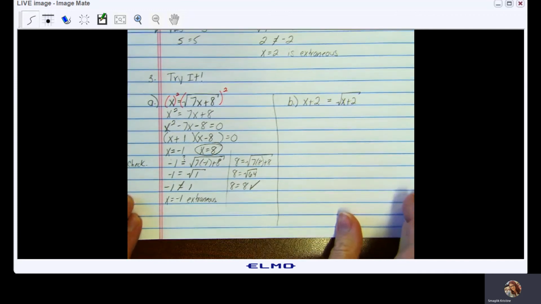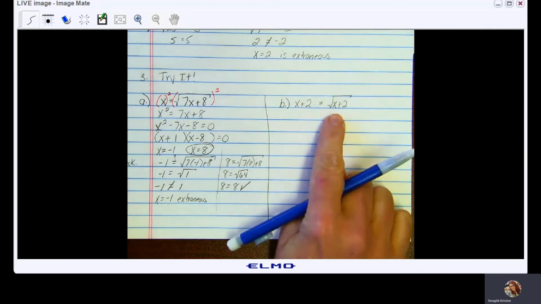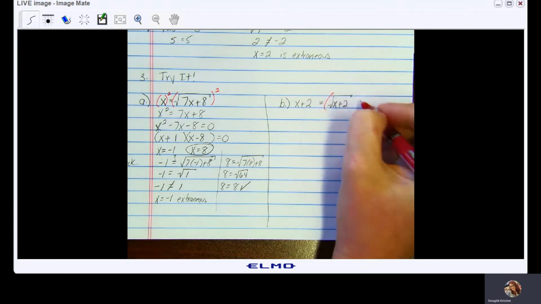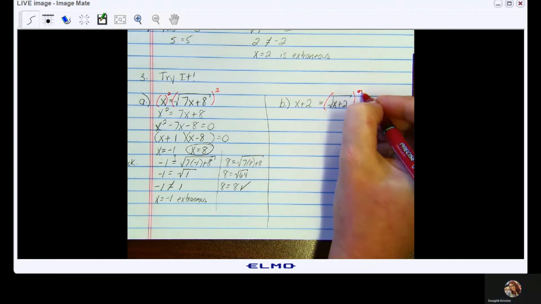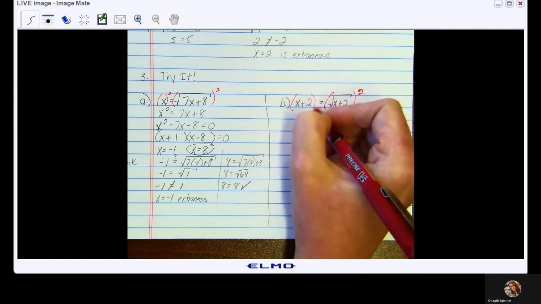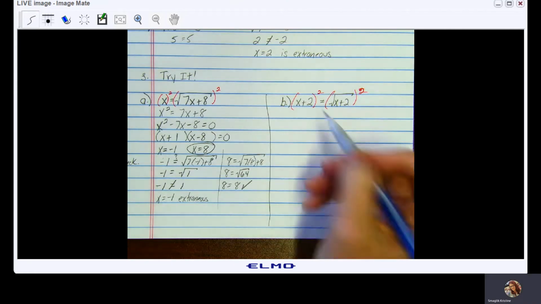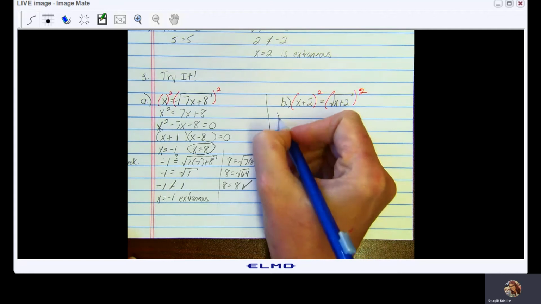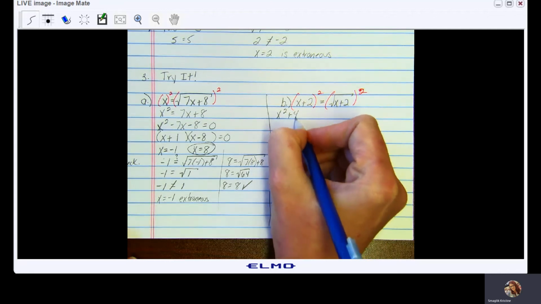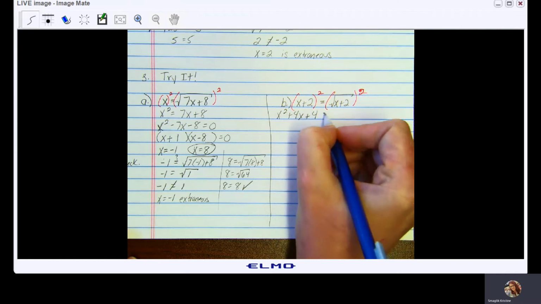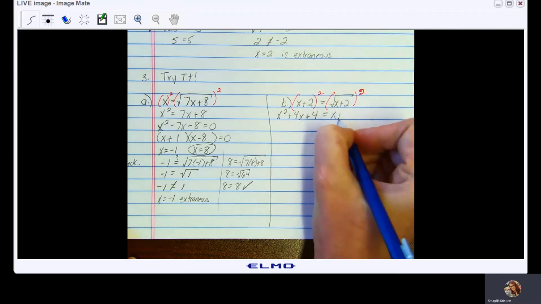Let's take a look at B. And again, I'm going to undo the square root first, so I'm going to square both sides. x plus 2 squared, that is x squared plus 4x plus 4 equals x plus 2.